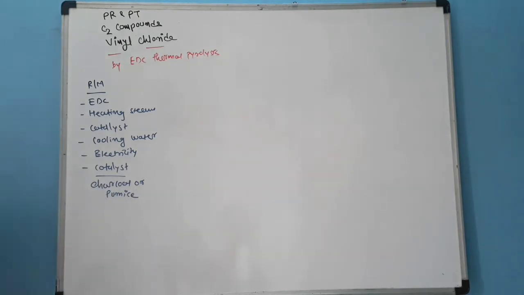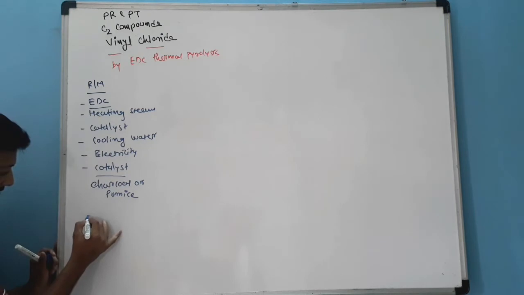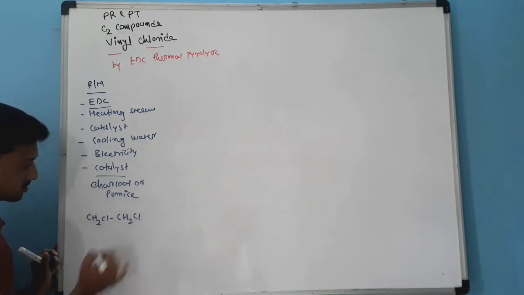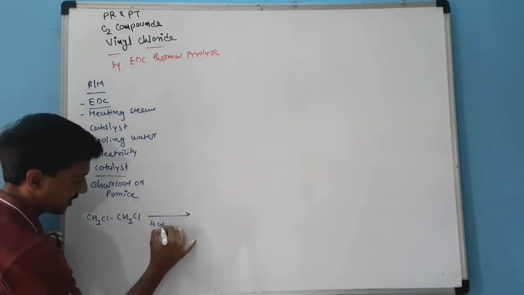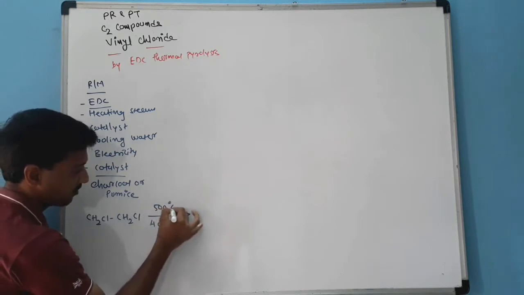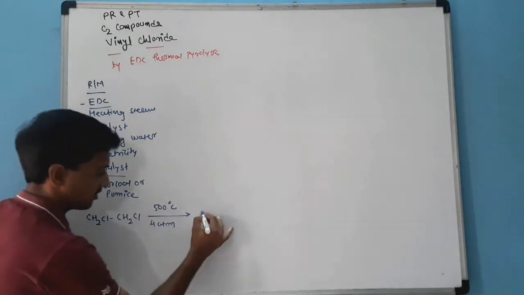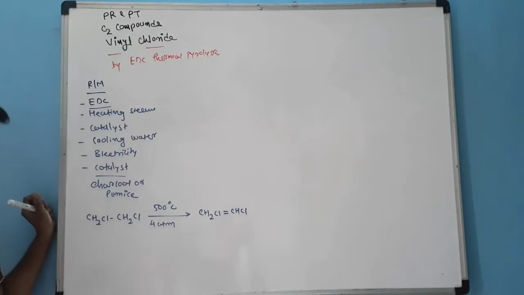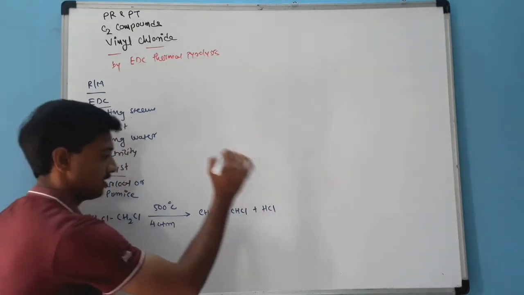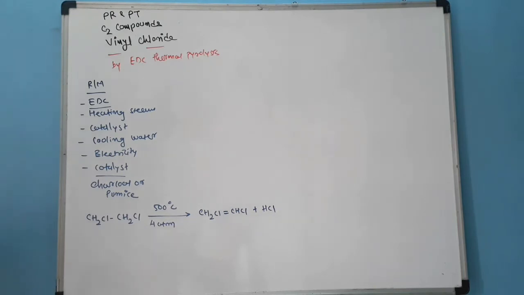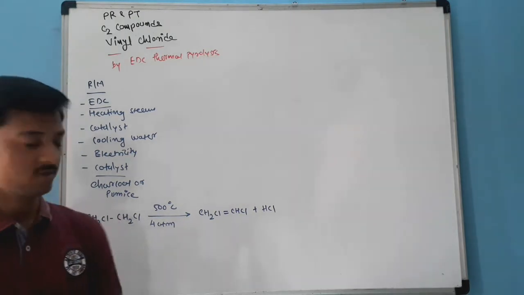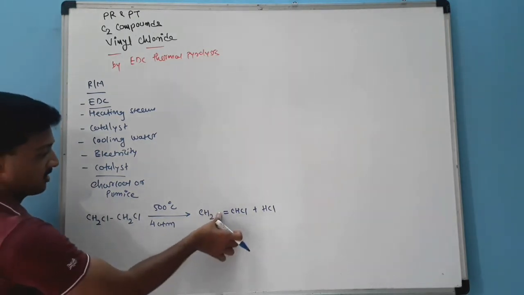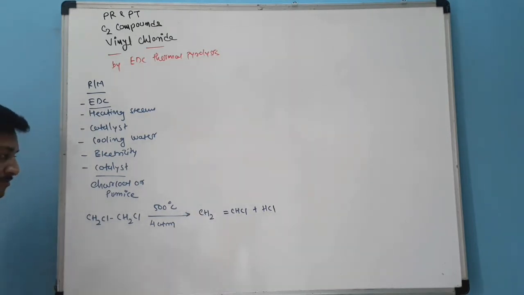The chemical reaction is EDC, CH2Cl-CH2Cl, which gives, at 4 atm pressure and 500 degrees Celsius, CH2=CHCl plus HCl.